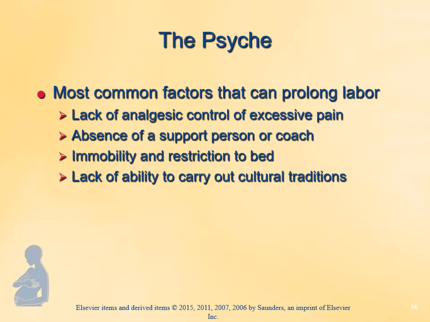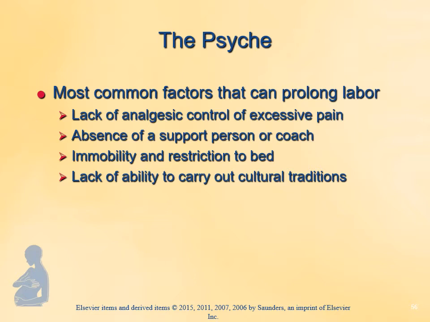The psyche is another P that we've talked about that can really have an impact on how labor progresses. So the most common problems associated with the psyche can be the lack of pain management, and so their bodies are just very tense and not able to progress through the labor on their own.